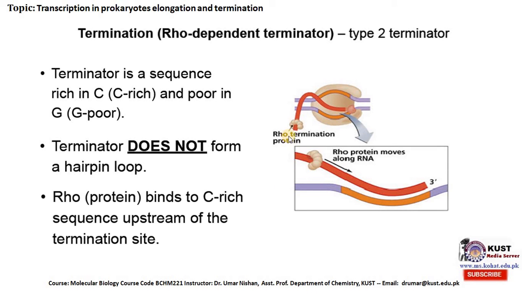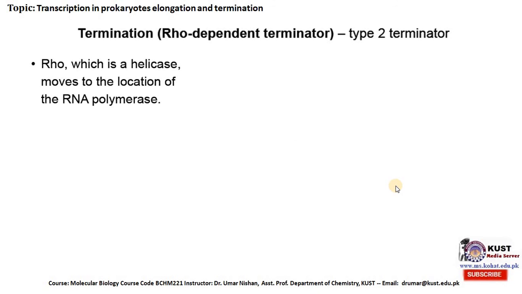You see here rho termination protein. The rho termination protein is here. Now rho termination protein moves along RNA. When it moves along RNA, rho, which is a helicase, moves to the location of the RNA polymerase.